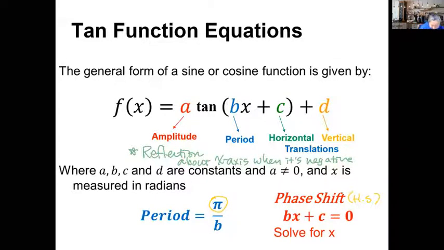So let's say the shape that we can anticipate is going to be this. For example, the first period between negative pi over 2 and positive pi over 2 was like this.